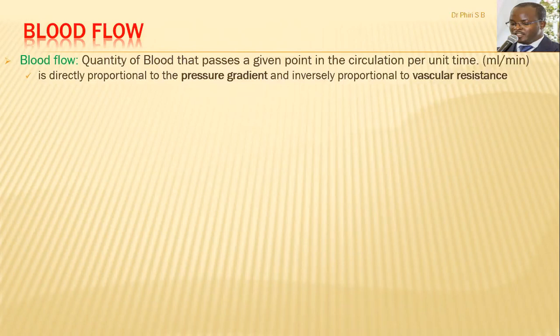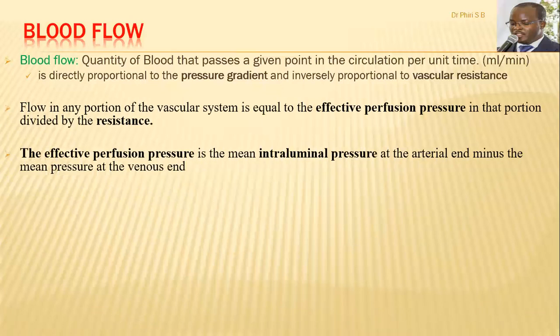If the diameter is reducing, in terms of venoconstriction or vasoconstriction in general, the resistance will be increasing. If you have factors that result in vasodilation, then the resistance is going to be reducing. So these are the factors affecting blood flow in simple terms.